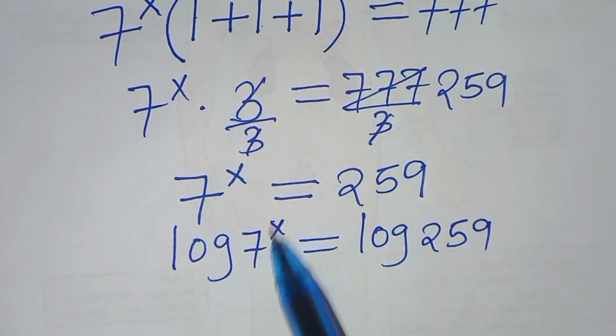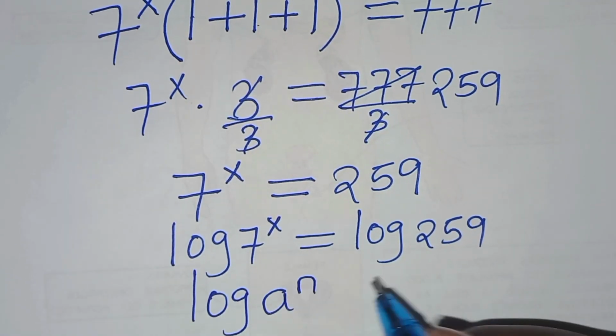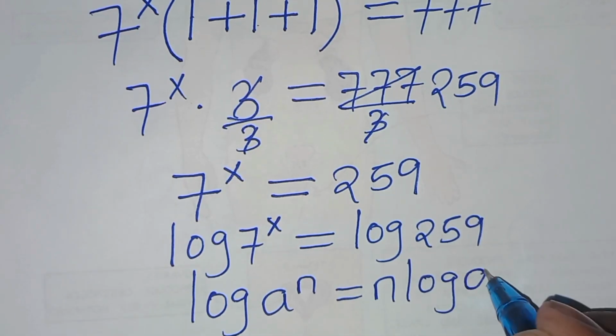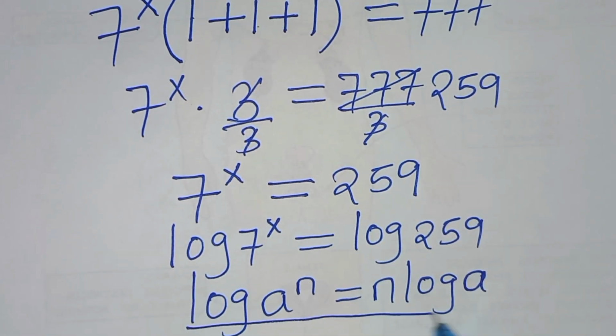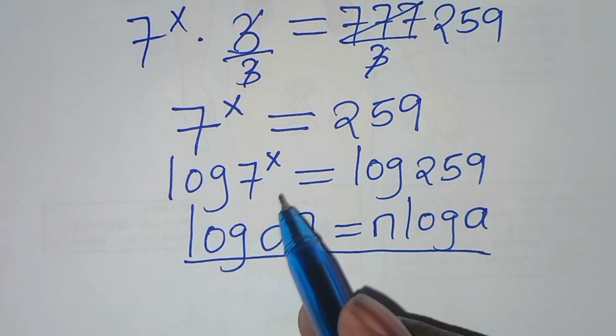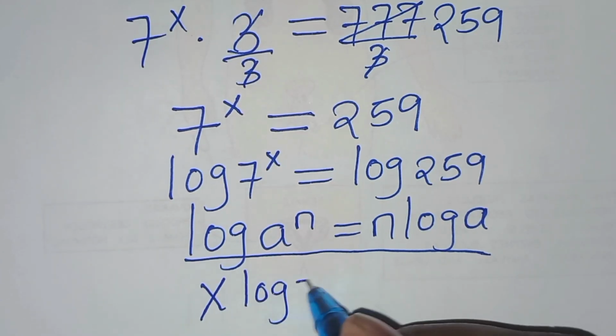So log 7 to the power x is in the form of log a to the power n, which we can express as n log a. Applying this power rule, log 7 to the power x can be expressed as x log 7.